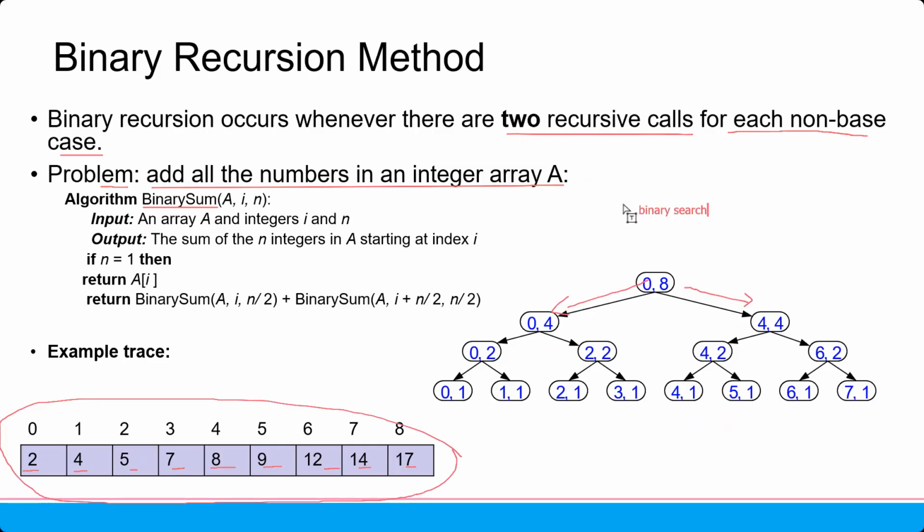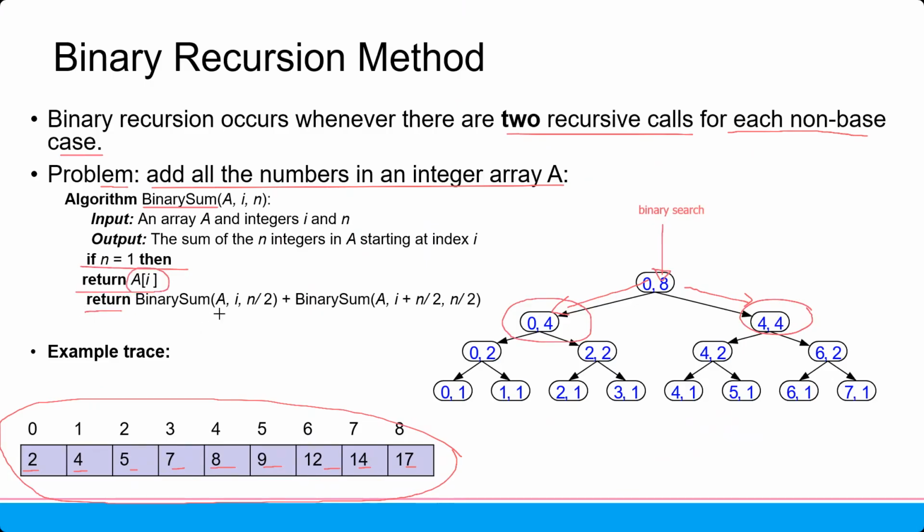In binary search, we select the mid value. After we know the mid value, we split into right or left. So it's just the same. We check how many data we have, and then we split the data on the left and the data on the right. You can check here, if n equals 1, then return A[i].